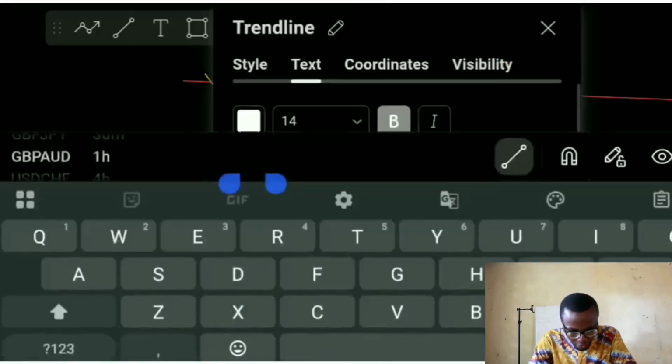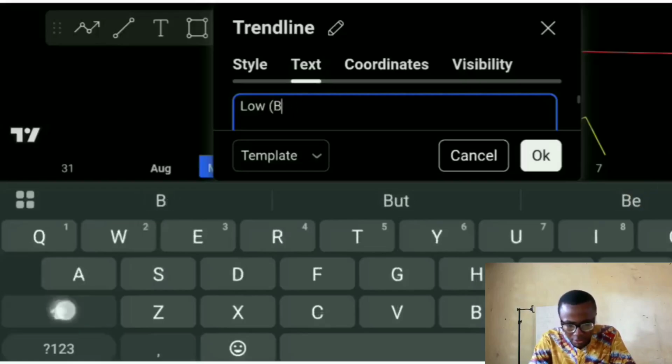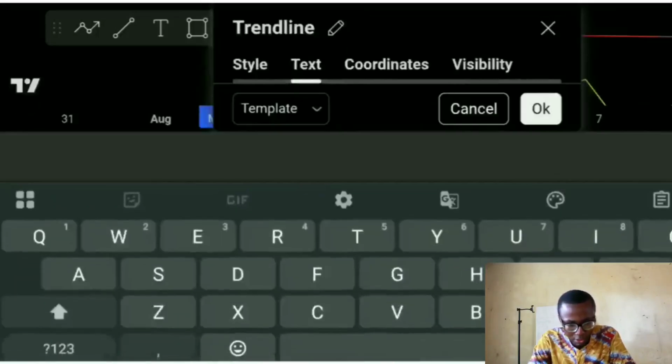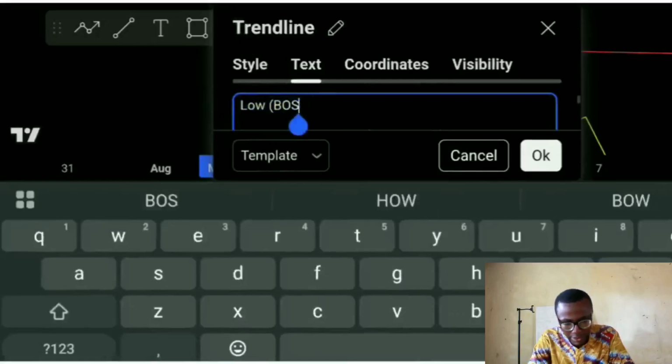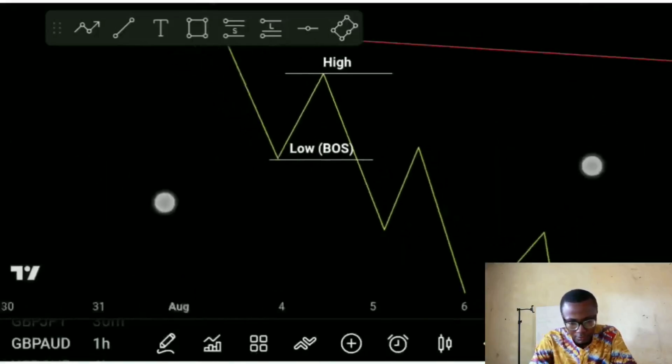A break of structure, right? It is called a break of structure because the structure has been broken downward.